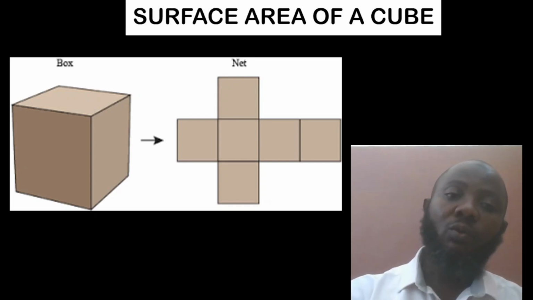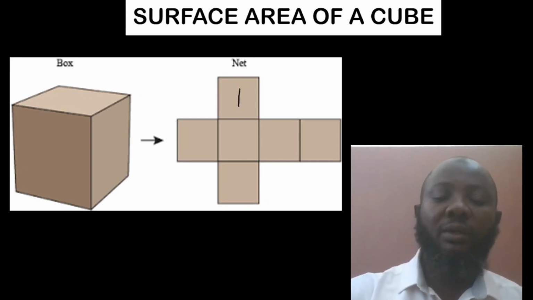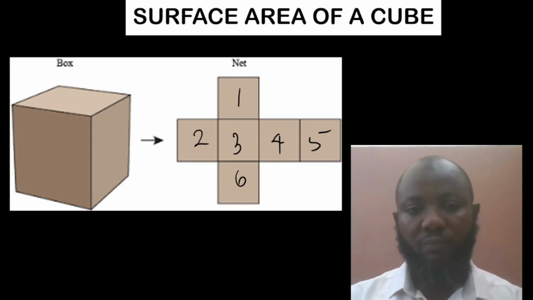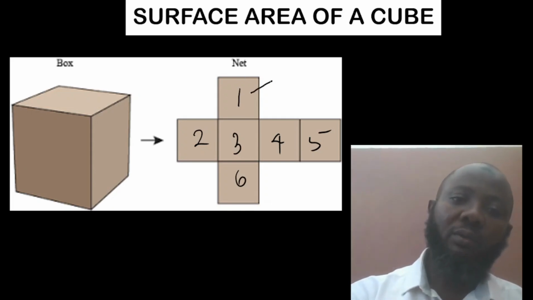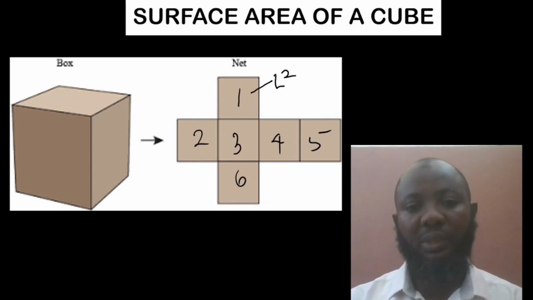You can see that we have 6 faces, and each face is a square. So what is the area of a square? You find the area of one square, which is L squared. How many are there? 6. So we are going to add L squared in 6 places, which gives us 6 L squared.